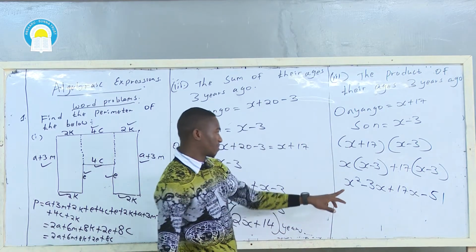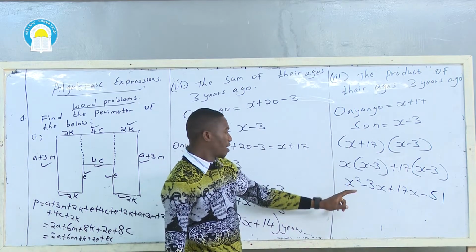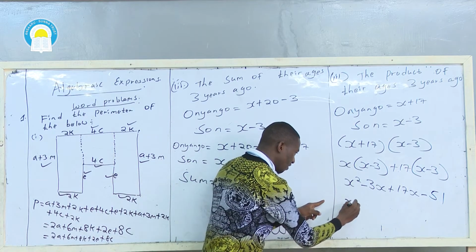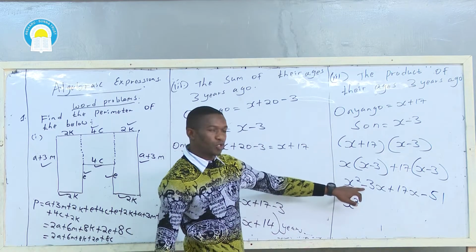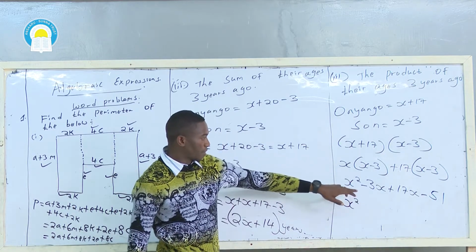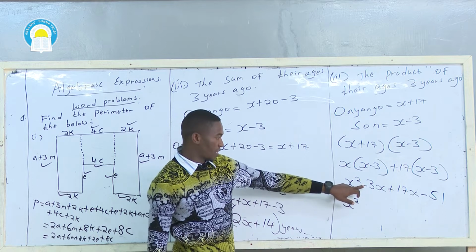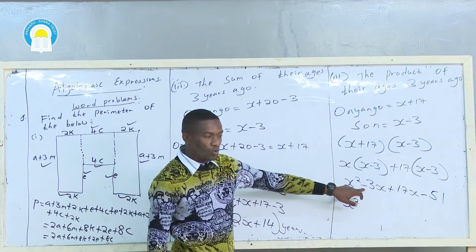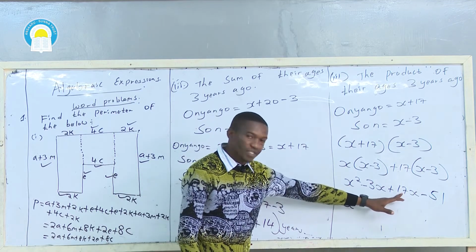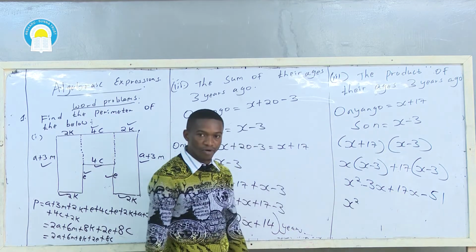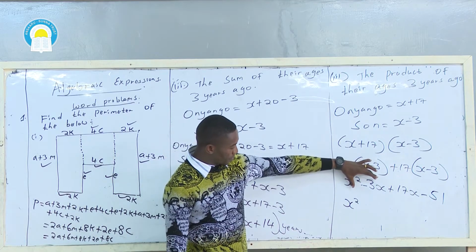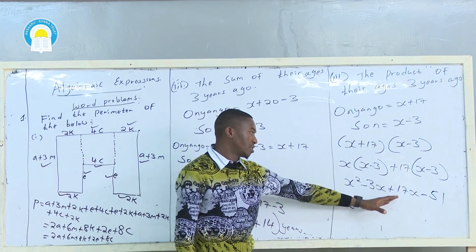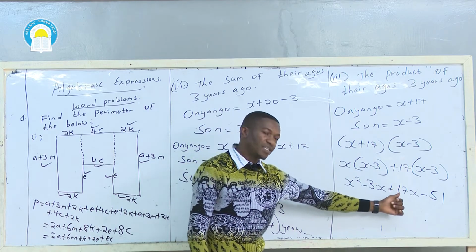Then you collect the like terms. X is squared here. There is no other x which is squared. So you'll just copy it again, x squared. Remember, I told you in our previous lesson that a negative number, in mathematics, is always a debt, while a positive number is always money in the pocket. So this individual had a debt of 3 shillings, but in his pocket, he was having 17 shillings.